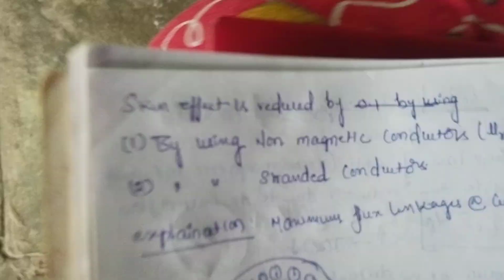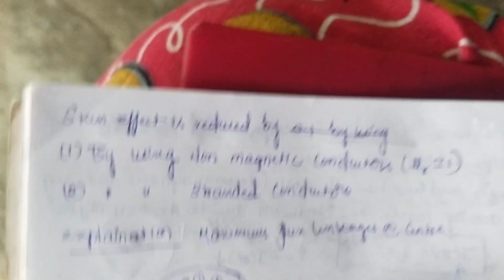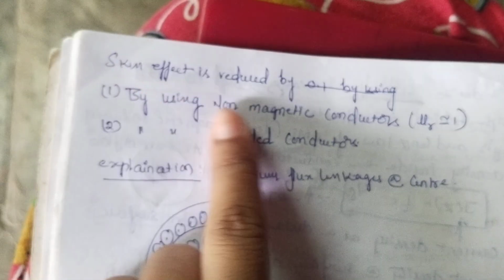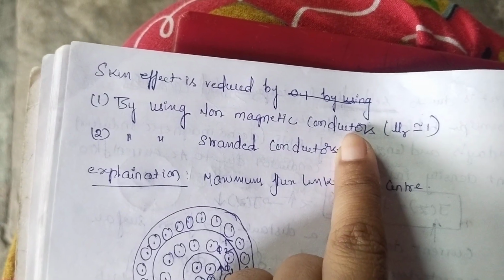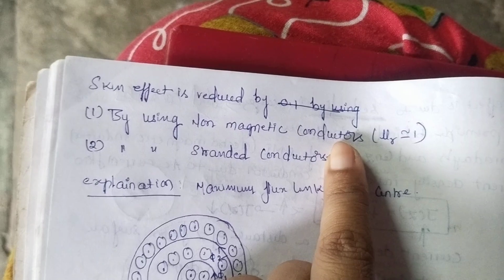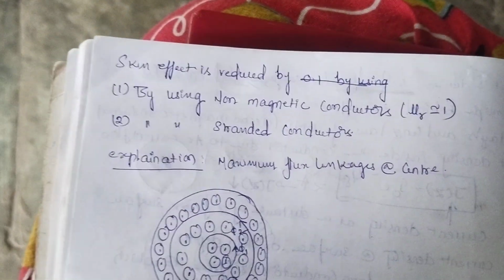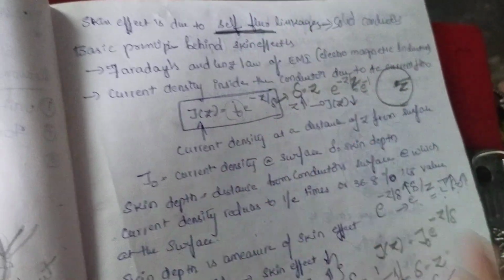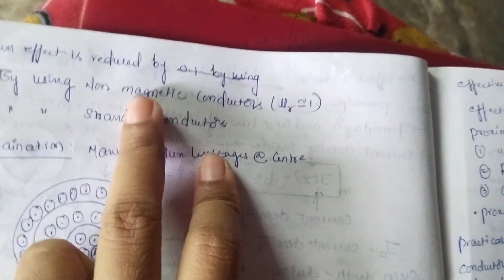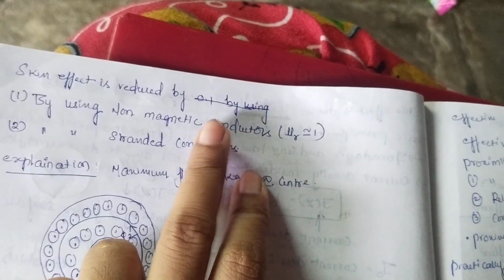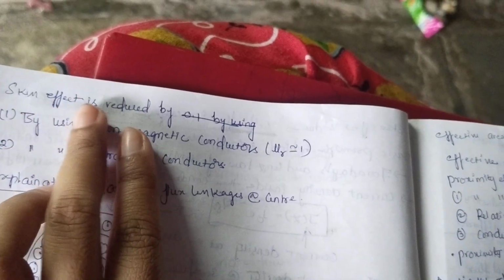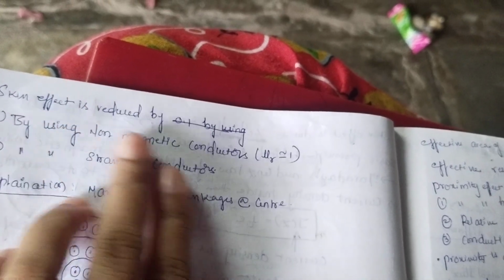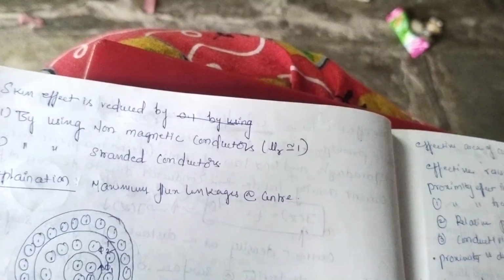So now we'll see how the skin effect can be reduced by using non-magnetic conductors. Only in magnetic conductors will flux exist, and skin effect is due to the flux linkages. So skin effect occurs in magnetic conductors, and it can be reduced by using non-magnetic conductors.